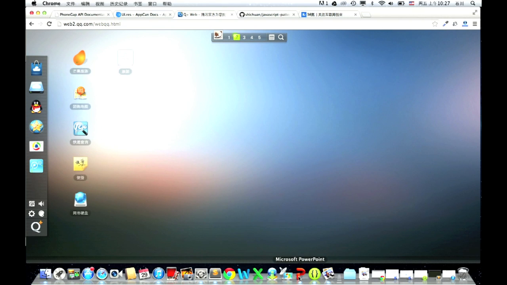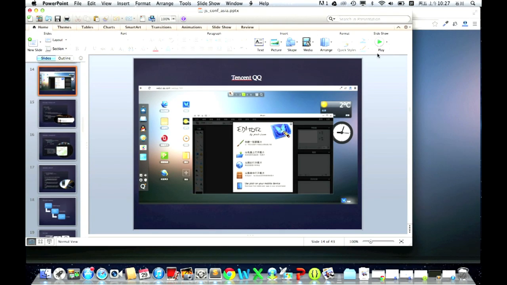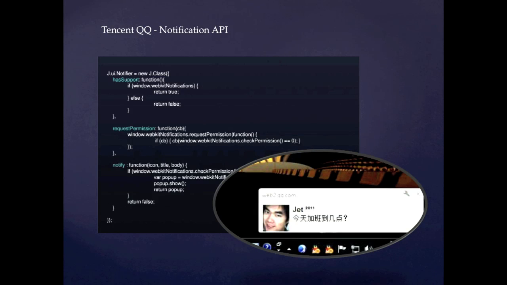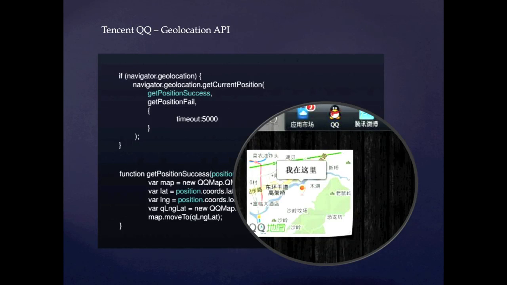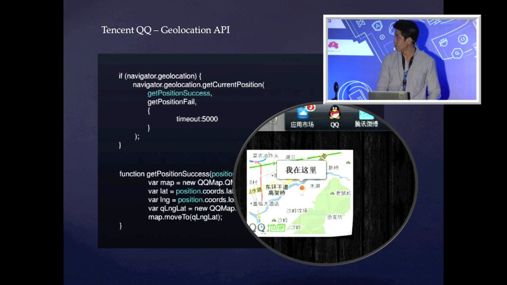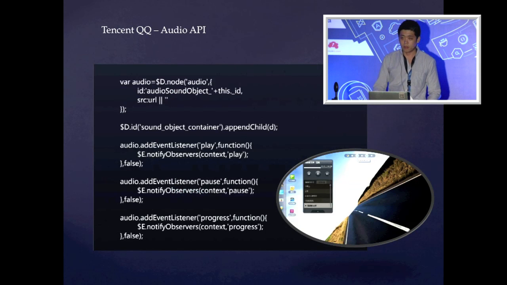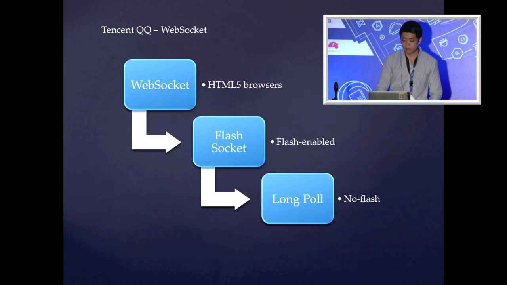And recently, it uses all the latest HTML5 technologies. For instance, it uses the notification API for its chat system, the geolocation API for its map, and the audio API for its music player.